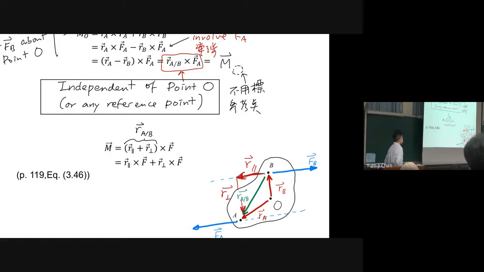Now, by mathematics, of course we can do this. Because these two are parallel to each other, sine theta equals 0, so this one is equal to 0.